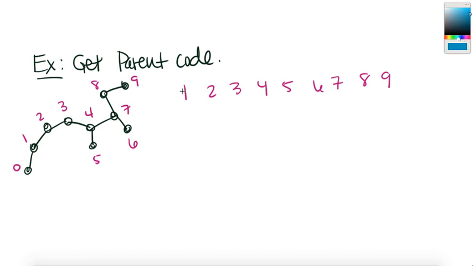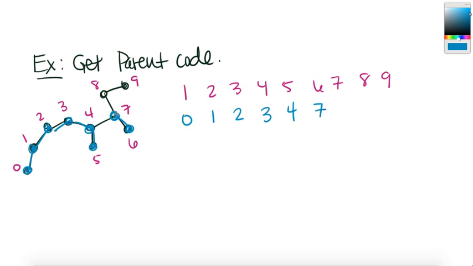Okay, and we start with 1. So from 1, you go closer to the root, and I just end up at the root. Okay, from 2, closer to the root gives me 1. From 3, closer to the root gives me 2. From 4, closer to the root along the graph gives me 3. From 5, closer to the root gives me 4. Here it changes a little. Now at 6, closer to the root gives me 7.